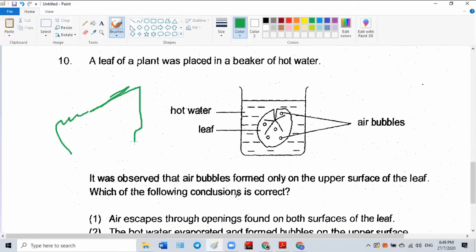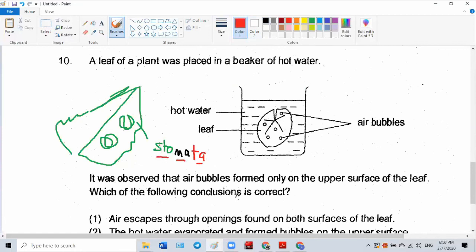Okay, this is the leaf. It has those air pockets called stomata, no? Stomata, air holes, tiny water vapor. Okay, write this down: stomata, S-T-O, M-A, mata.